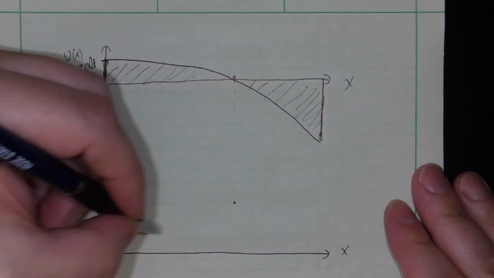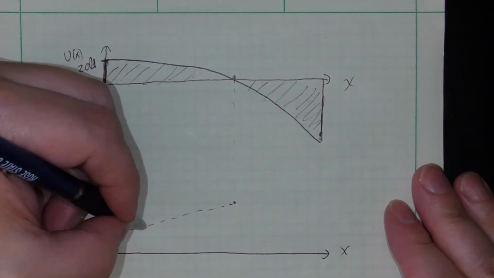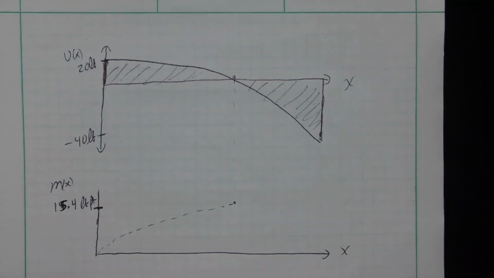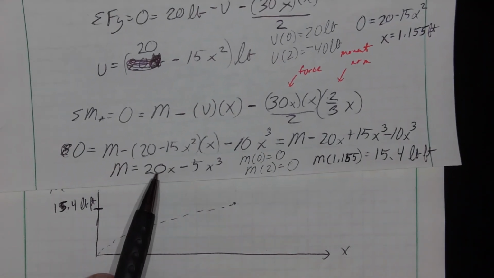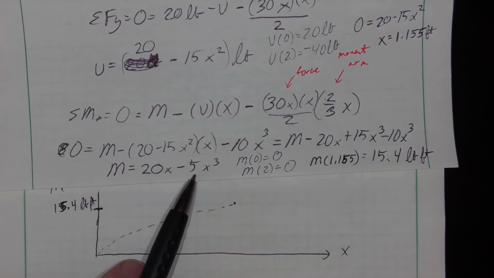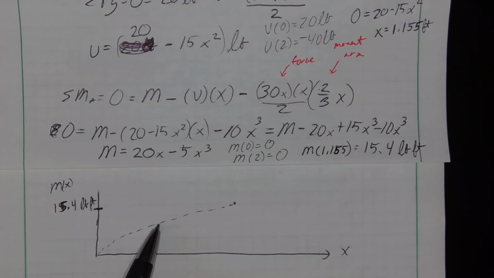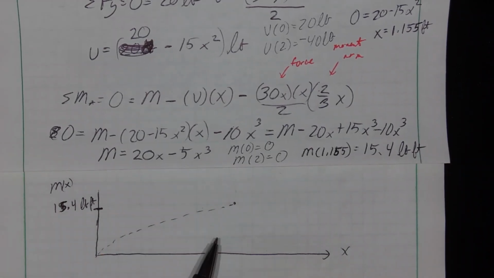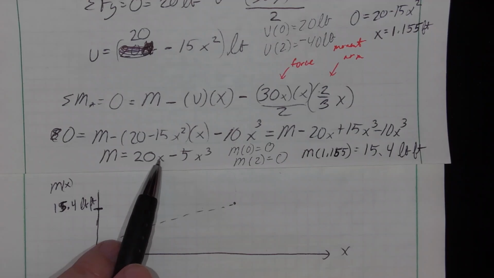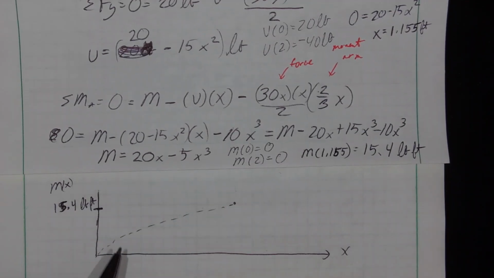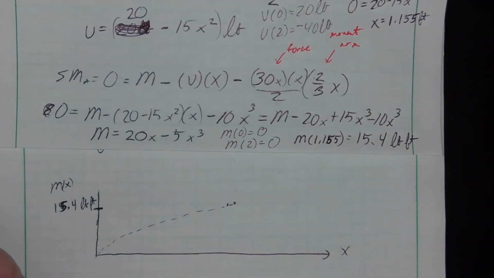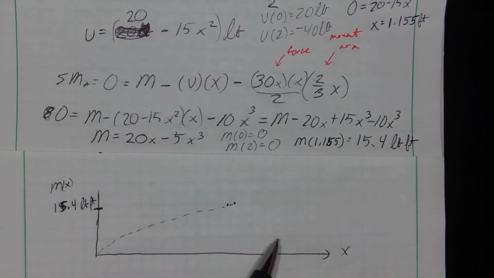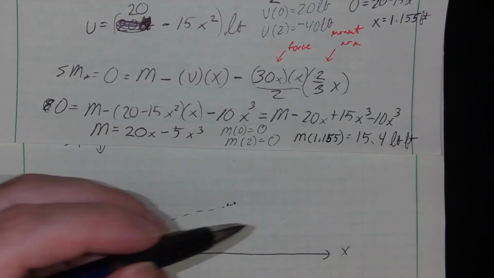I'm going to start at 0, so I've got just a curve. Now if you want to make a more accurate curve, you could calculate the moment from this equation. You could plug in 0.5 into this equation and plot a point, and plug in 1 into this equation. If I plug in 1 here, what am I going to get? I'm going to get 20 minus 5, I'm going to get 15. So just under the max, right here at 1, I'd have another point. And I could do the same at 1.5 and plot another point.